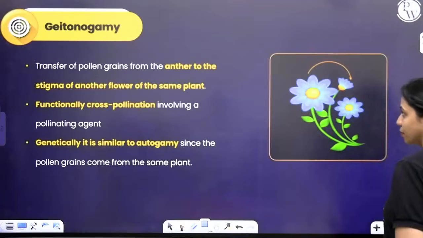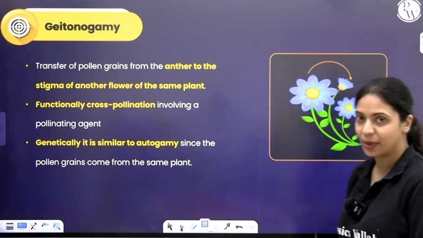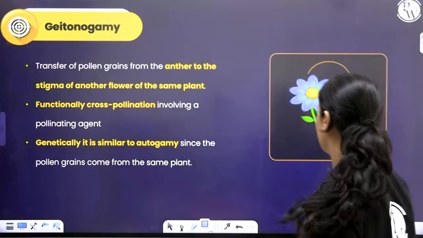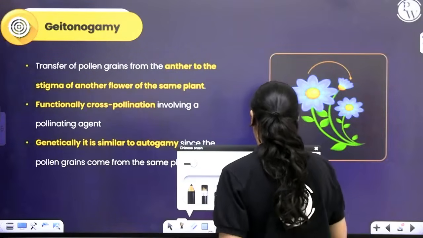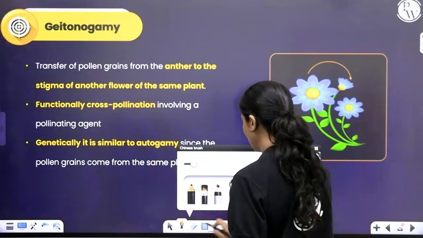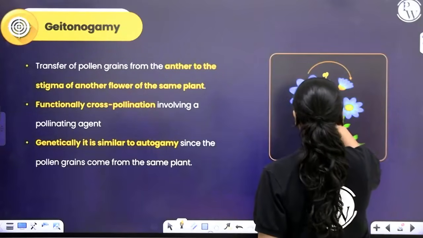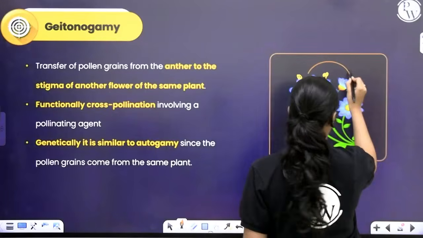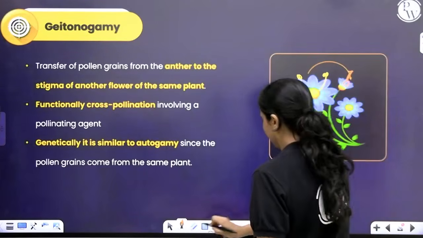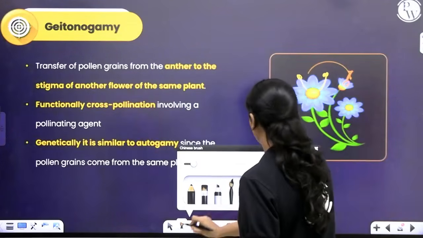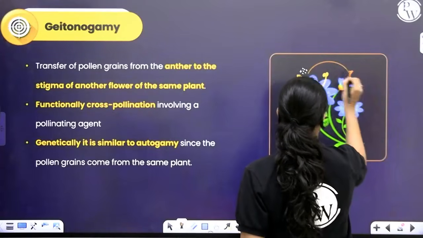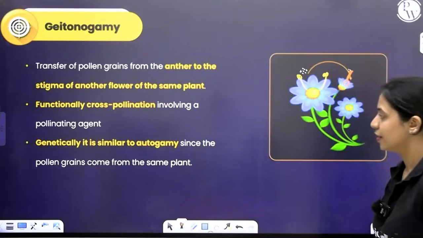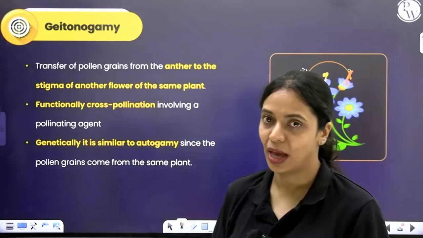Okay. Now the second type is called geitonogamy. Over here, one plant is involved, two different flowers of the same plant are involved. Over here, the flower may be unisexual or bisexual. So whatever stamens are there in one flower, they release pollen grains. The pollen grains that are released, if they go and land on the stigma of another flower belonging to the same plant, then we say it is geitonogamy.